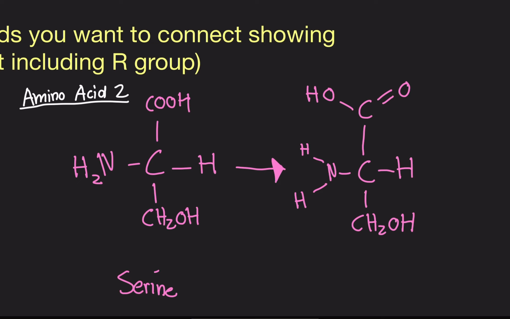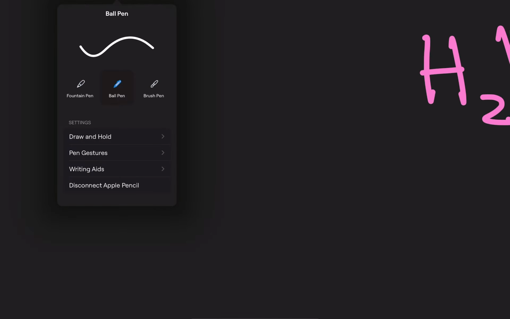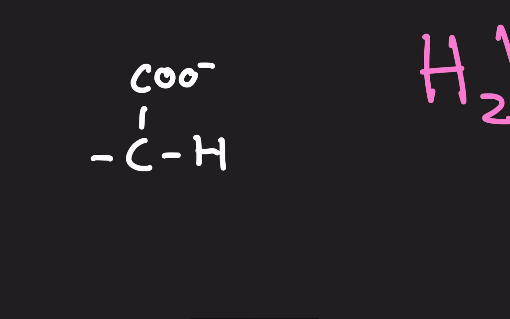When you do these amino acids and when you actually bond them together, they need to be protonated. The carboxyl group needs to be protonated. So we did all these videos showing this formation, the unprotonated form.